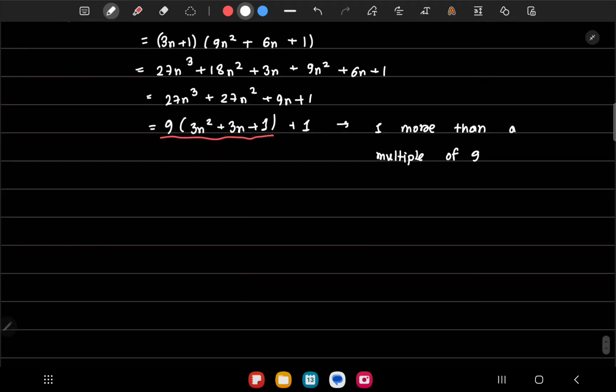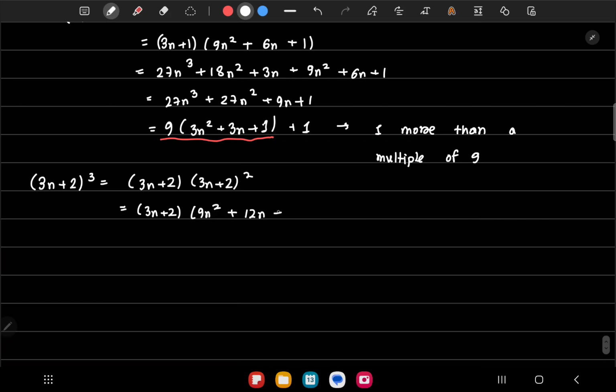Now for the third case, where it's 2 more than a multiple of 3, I'll break this down similarly. So 3n plus 2 times (3n plus 2) whole squared. This would be 3n plus 2 times 9n squared plus 2 times 3 times 2, which is 12n, plus 4.